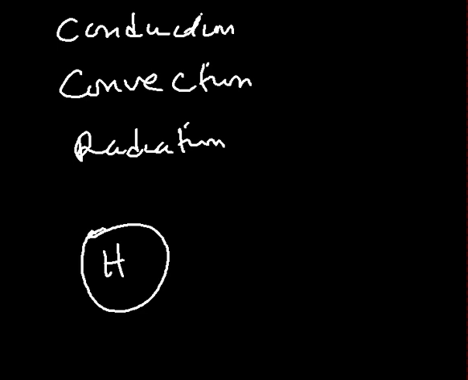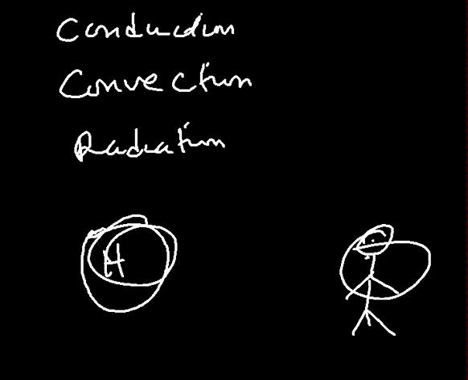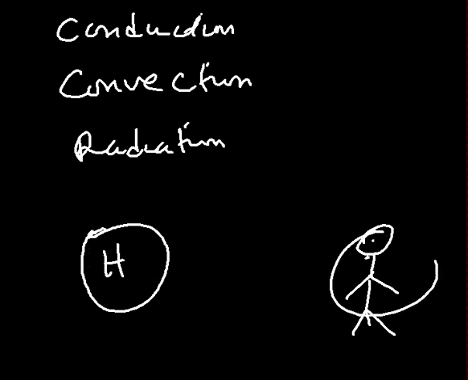And there is someone here. What happens is that there's no physical contact between the object and the person, but this person happens to feel the heat from the object.